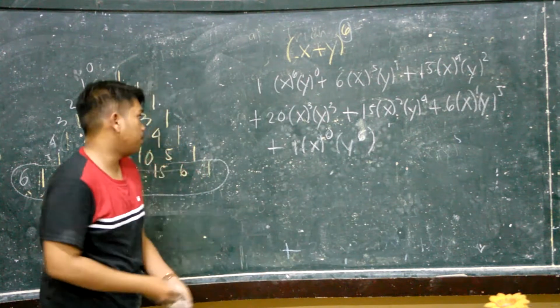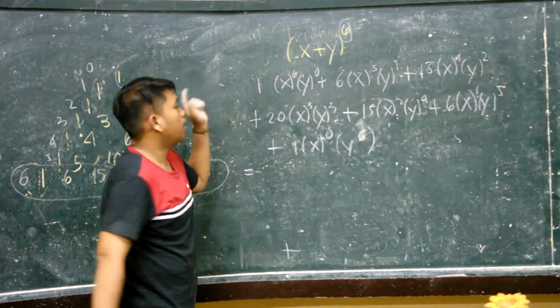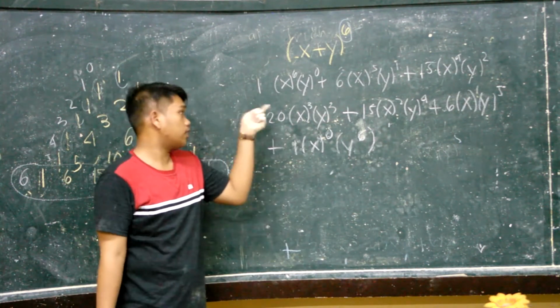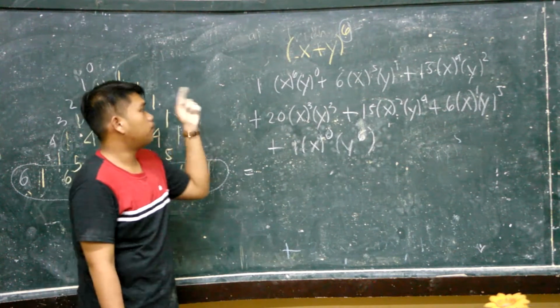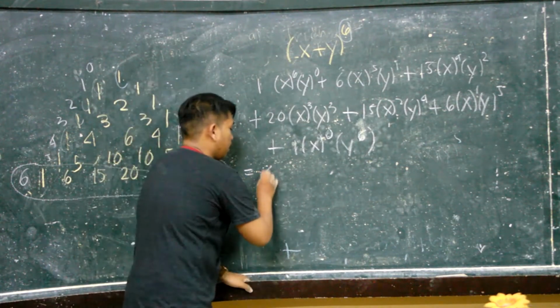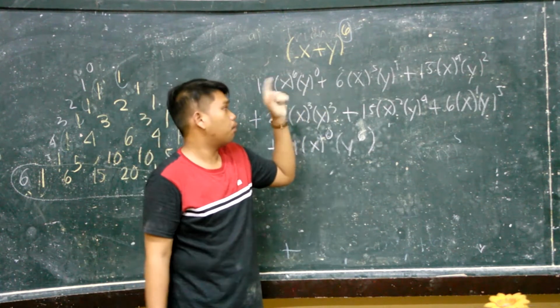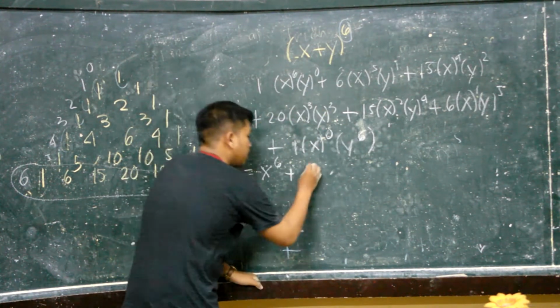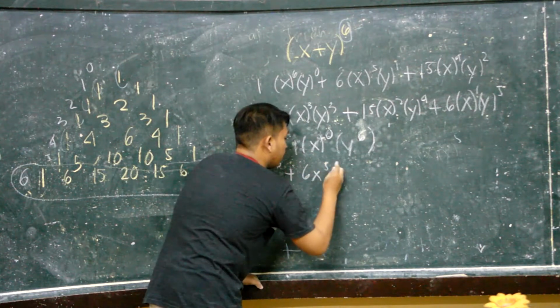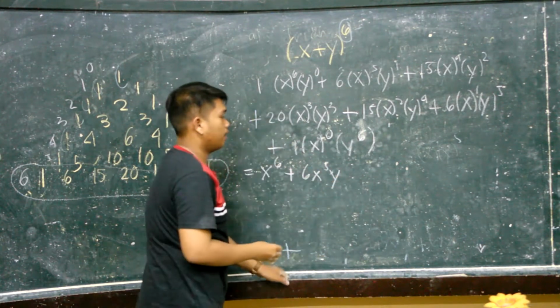So it's time to simplify. 1 times x to the power of 6 times y to the power of 0 is simply x to the power of 6. Plus 6 times x to the power of 5, y to the power of 1 is 6x to the power of 5, y.